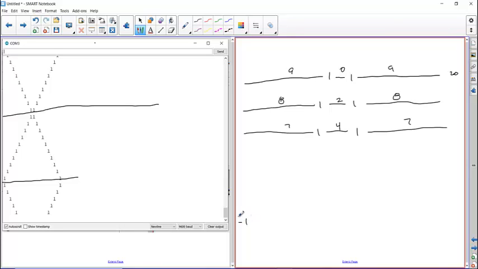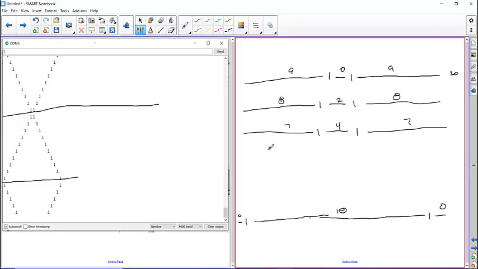Okay, so you have 0 spaces, you have 1, you have 9 spaces, you have, actually what you have is 18 spaces in the middle. So you have 18, and then you have 1, and then you have 0.